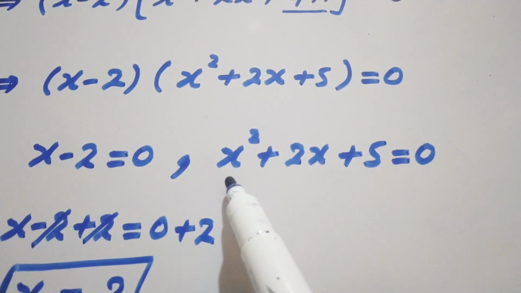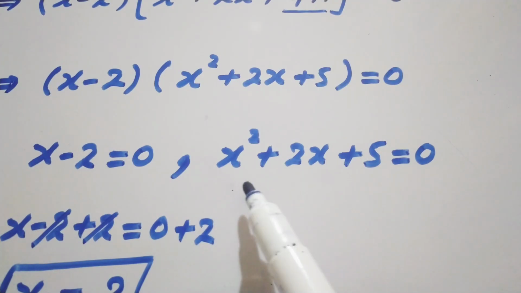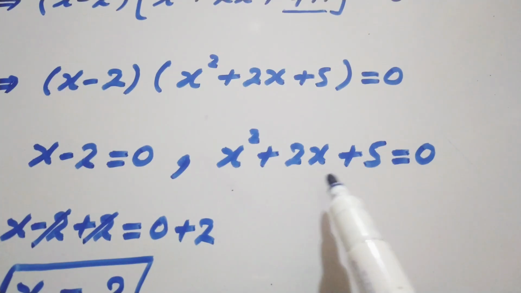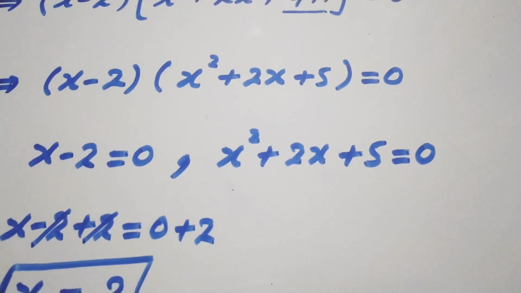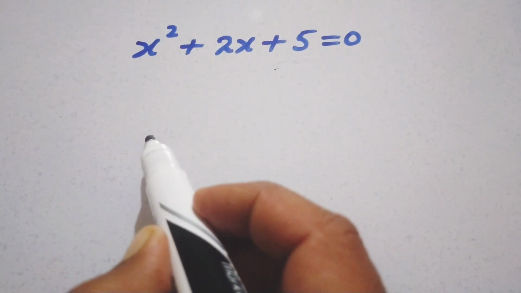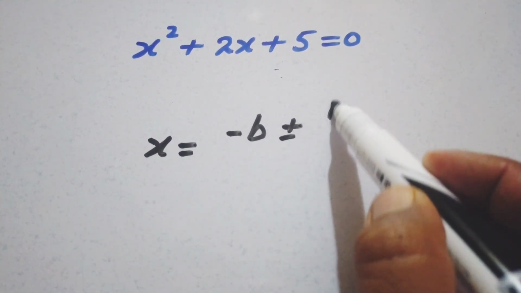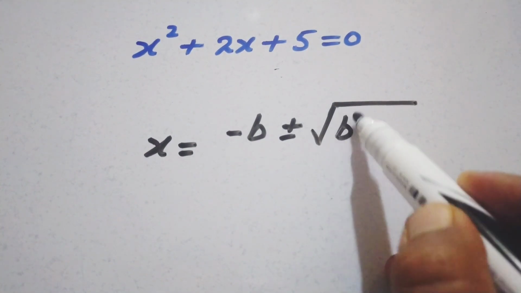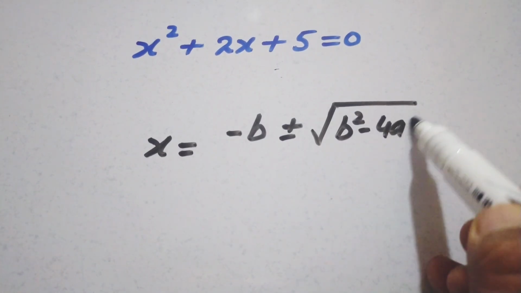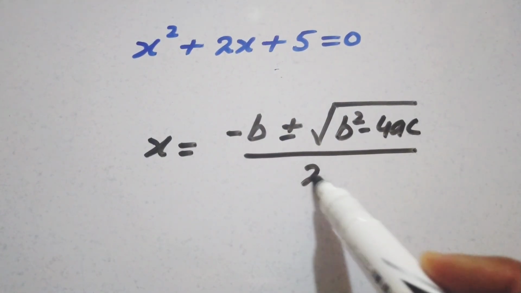Now as this is a quadratic equation, we can solve this by factorization, by completing the square, or by the quadratic formula. x squared plus 2x plus 5 is equal to 0. The quadratic formula for x is minus b plus minus square root of b squared minus 4ac, divided by 2a.